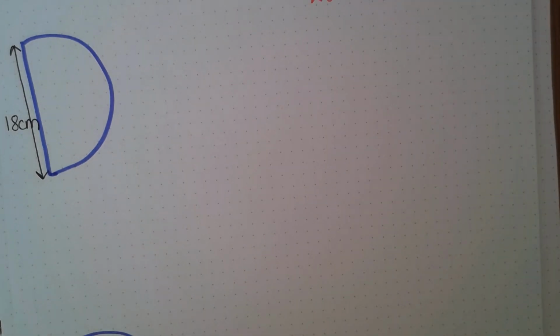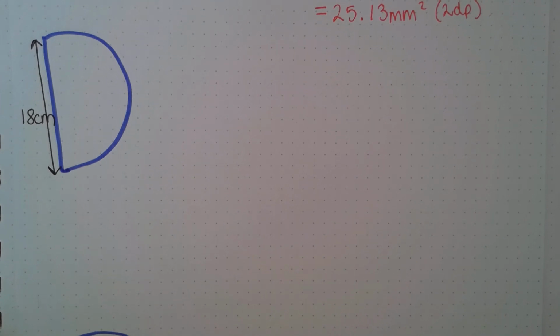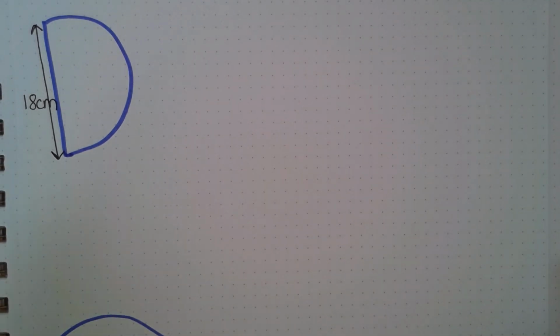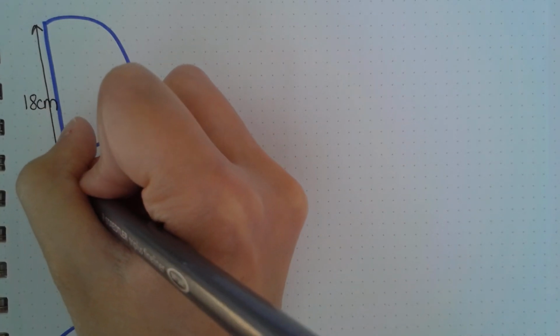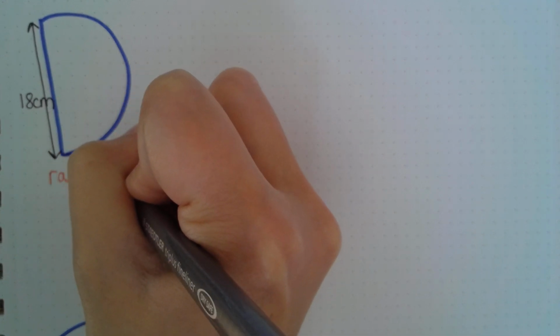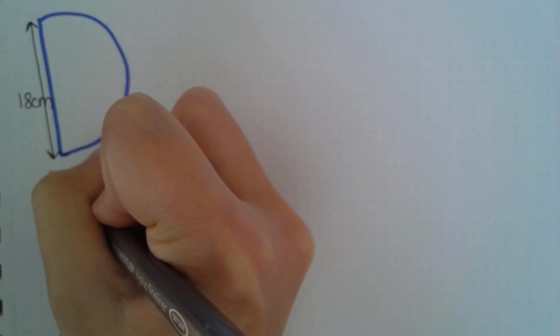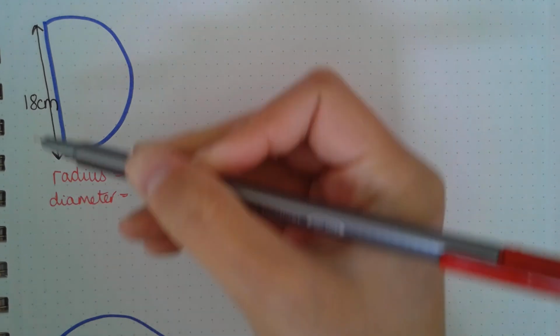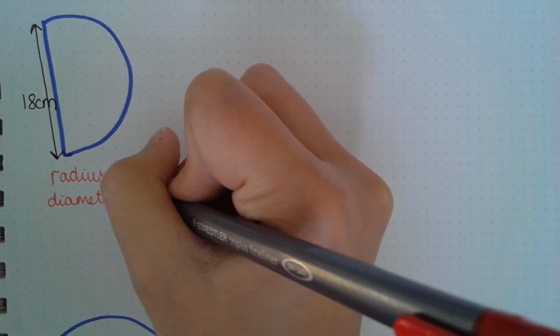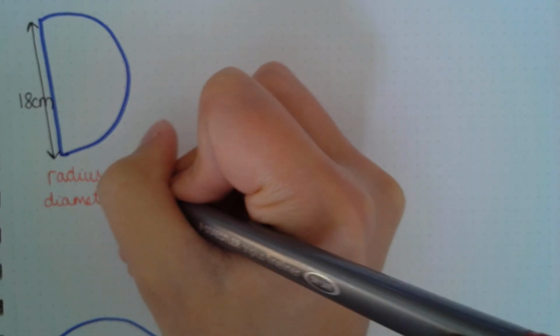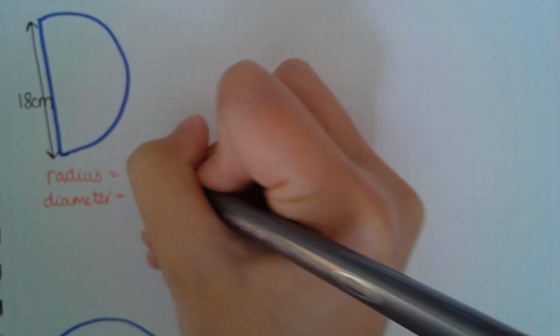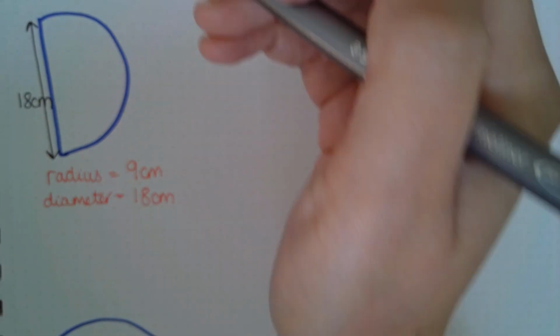Okay, so we're going to have a look at this one. First of all, we're going to write down the radius and the diameter. So the diameter is 18 centimeters. So half of that is 9 centimeters. So our radius is 9. And do a little subheading.